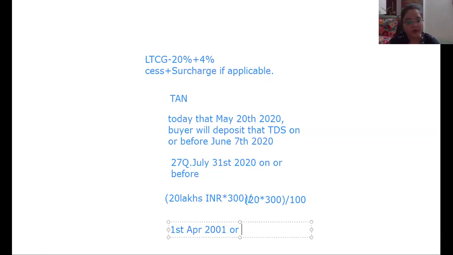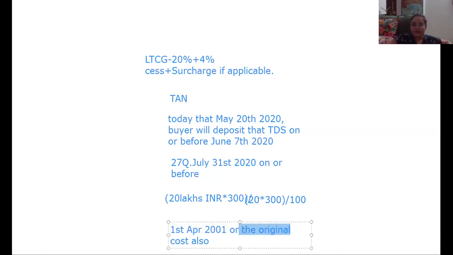So whatever be the property, his real cost, he can take the original cost. Either he has to get the valuation of the property done as on 1st April 2001, or he can take the original cost of acquisition also.